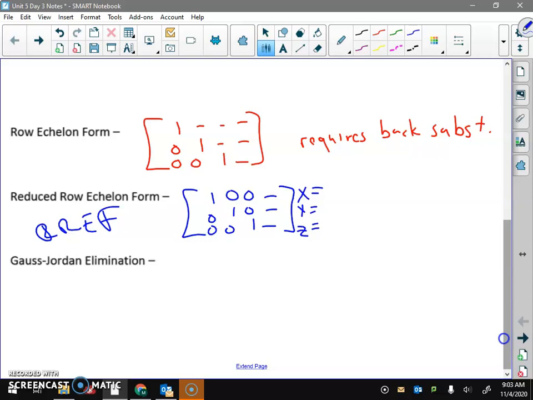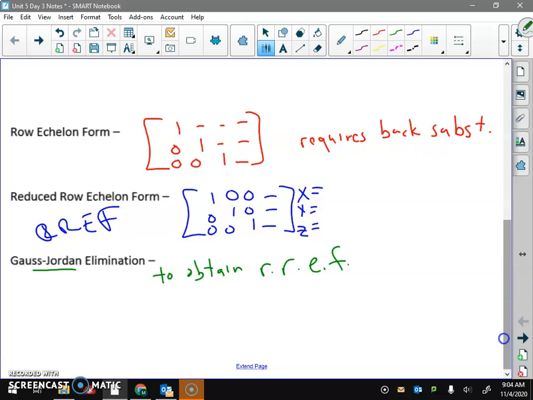And just like Gaussian elimination got us to row echelon, a mathematician named Jordan added some other additional steps on to create Gauss-Jordan elimination, and that uses the elementary row operations to obtain our RREF, solving for x, y, and z, and we don't need to back substitute.